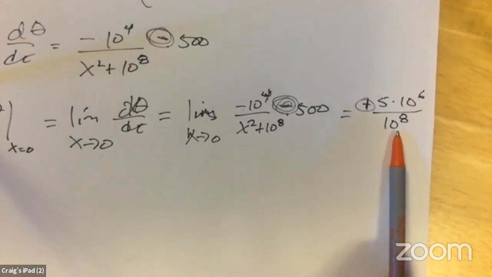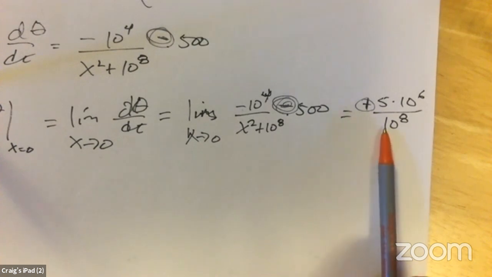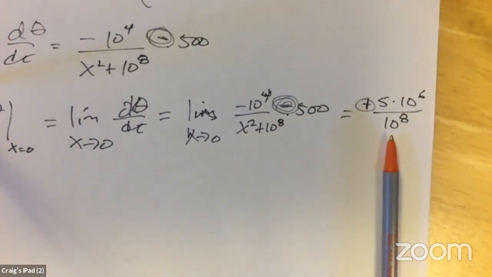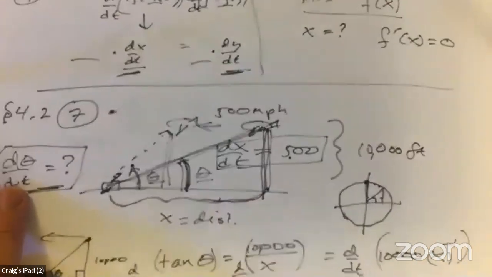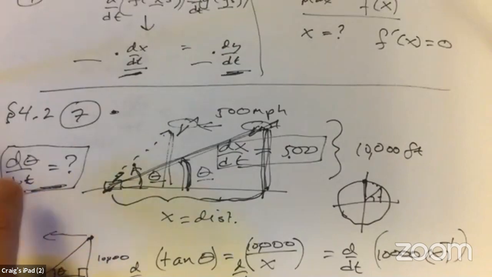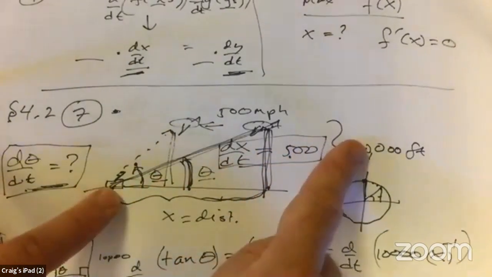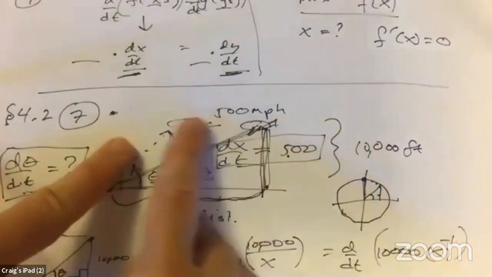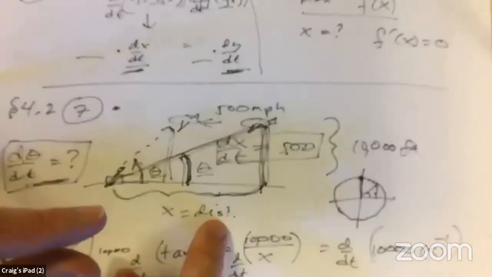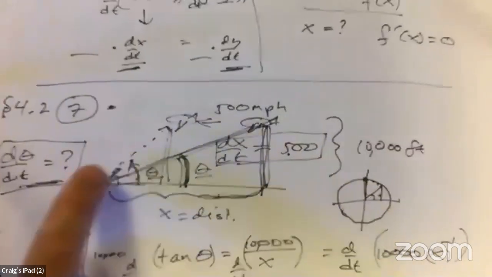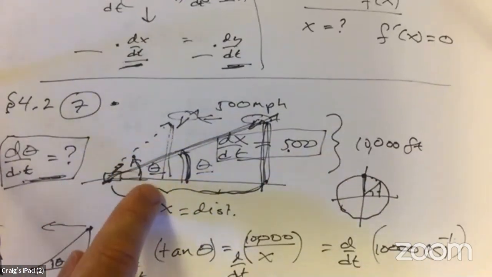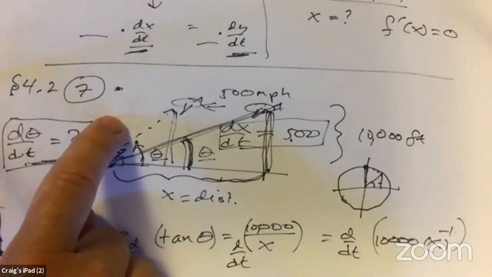How is the theta changing? When we were looking at our problem in the beginning, we should already have asked, is d theta dt positive or is it negative? In other words, is the angle increasing or decreasing? So when I'm looking at the plane and it's coming towards me, is the angle getting larger or getting smaller? And it's obviously getting larger. So it's increasing until I get to 90 degrees.